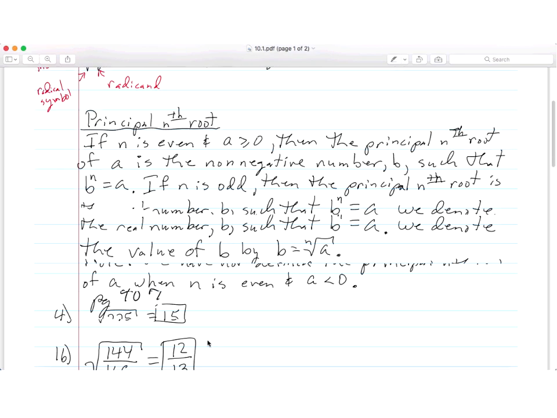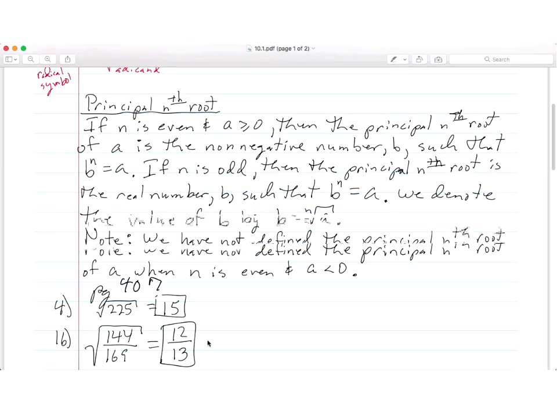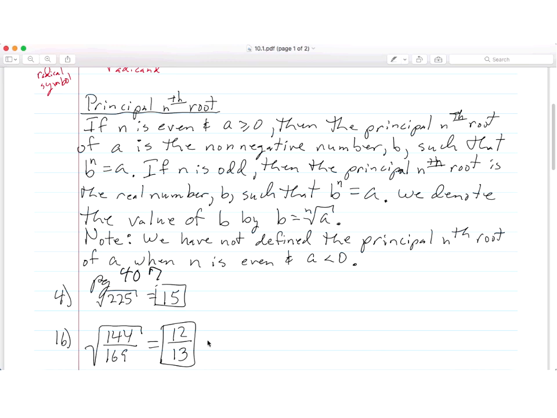Let's do problem number 16. The principal square root of 144 divided by 169. And so the square root of 144 is 12, because 12 squared is 144.